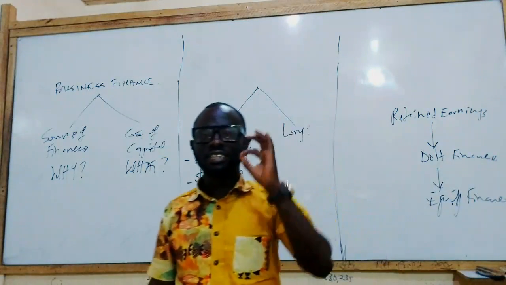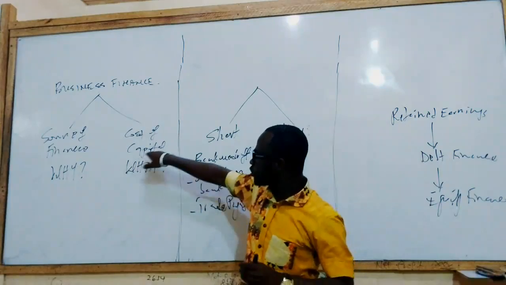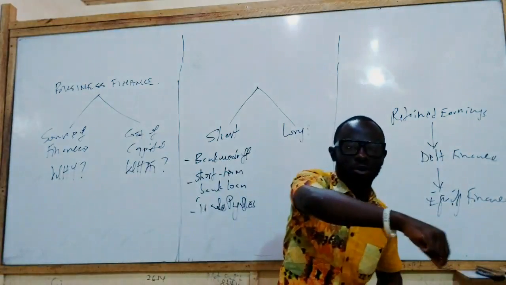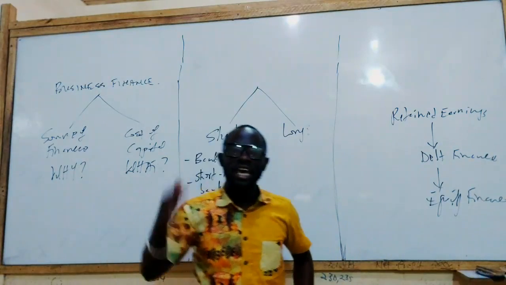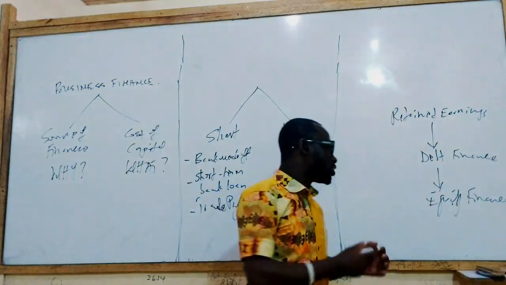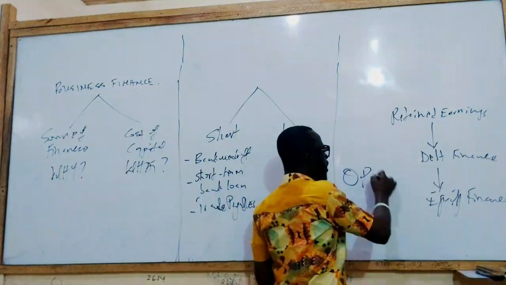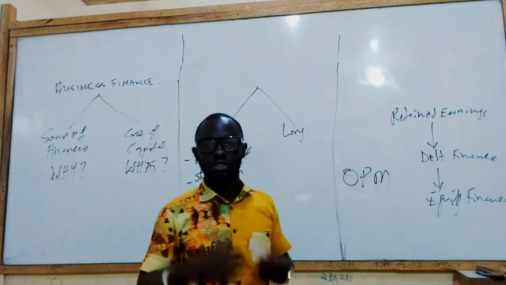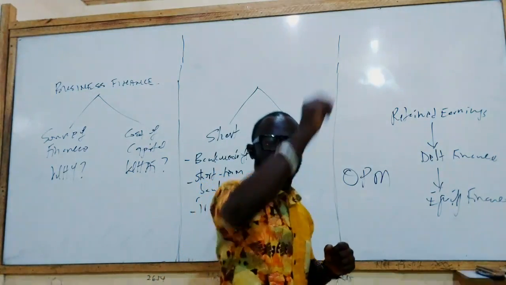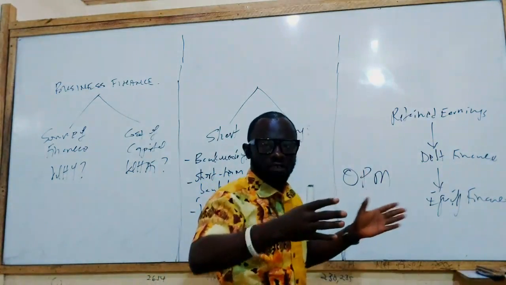Because debt is tax deductible. The cost of capital, that is the cost of debt, is tax deductible, but the cost of equity is not tax deductible. What does that mean? That is where there is a concept of OPM, other people's money. Because when you borrow the money, the interest that you are paying will be deducted for what?